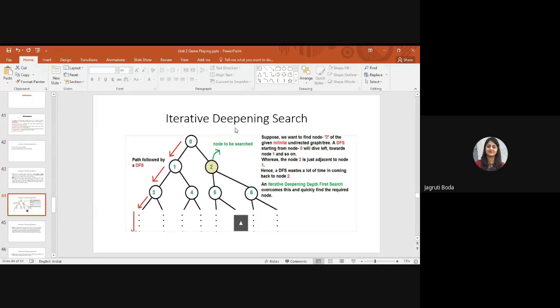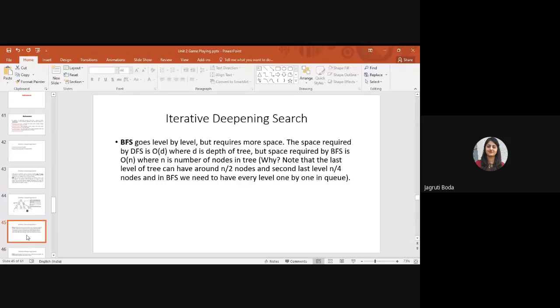But in iterative deepening search, you can search level by level. First of all, we see the advantages and disadvantages of DFS and BFS, then we come to this topic, iterative deepening search. Now, what are the benefits and drawbacks of BFS? BFS goes level by level, but requires more space, because the space required by DFS is D.